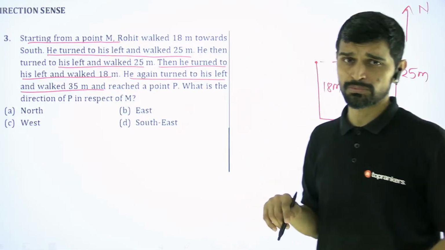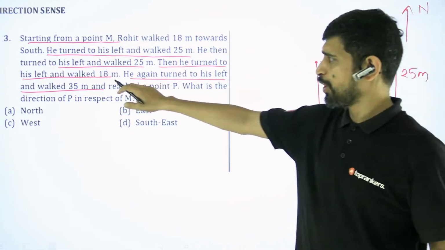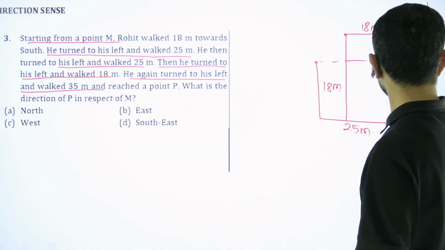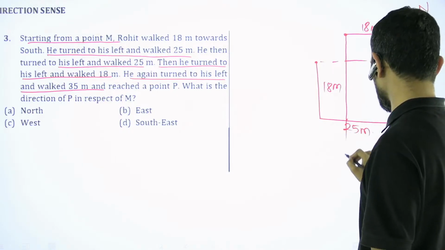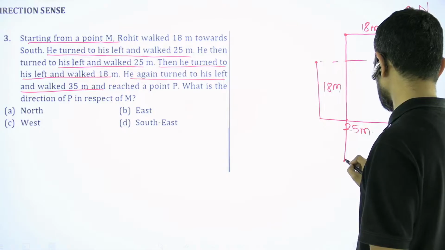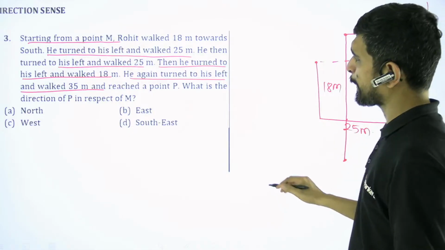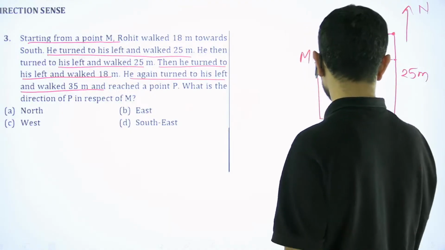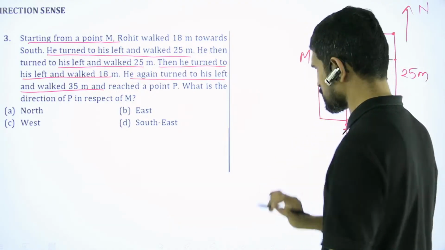Rohit will move to the south side, and Rohit will walk 35 meters. So if we consider this is 25, additionally Rohit has to walk 10 more meters. So this will be 10 meters from the, and this point is M, from where Rohit started. This point is P, where Rohit reaches.